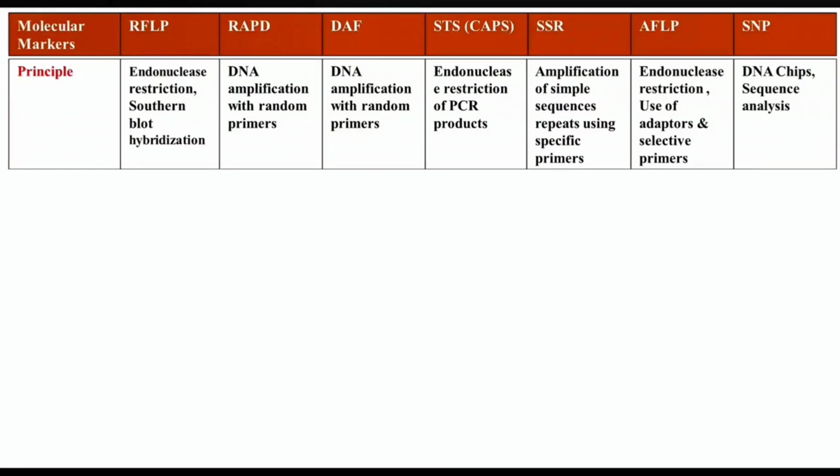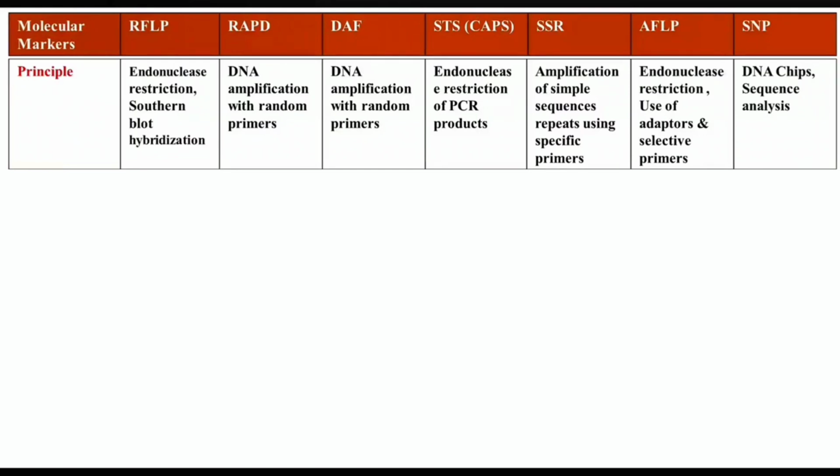Then DAF, that is also DNA amplification with random primers. Sequence tagged sites, CAPS, that is endonuclease restriction of PCR products. First the PCR is done, then the amplified products are restricted by the endonuclease enzymes.